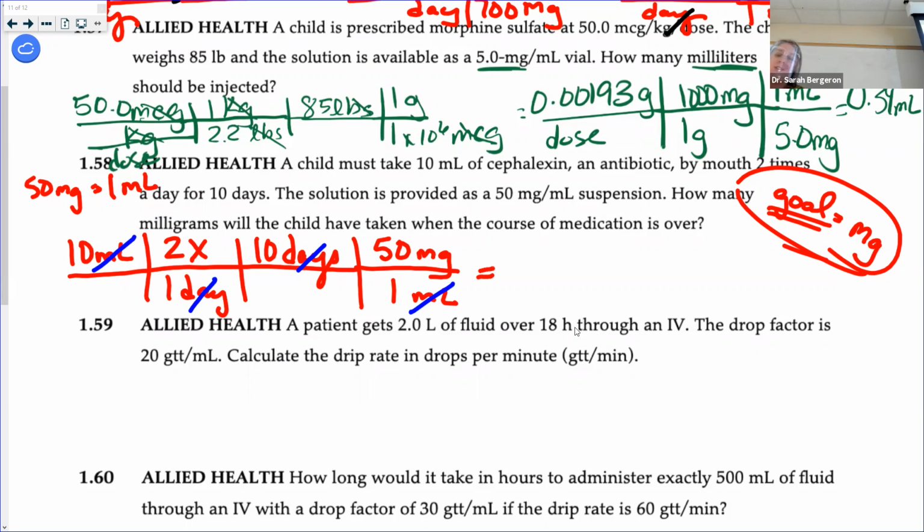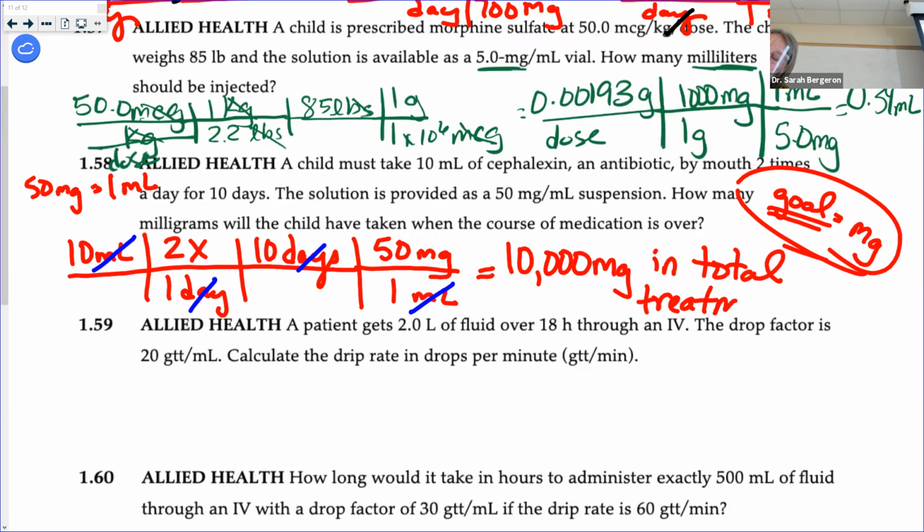Okay. So 10 times 2 times 10 times 50. What do you get? 10,000 milligrams in the total treatment. Right?